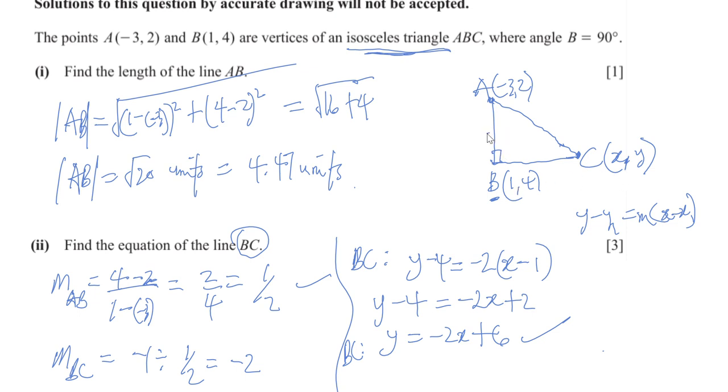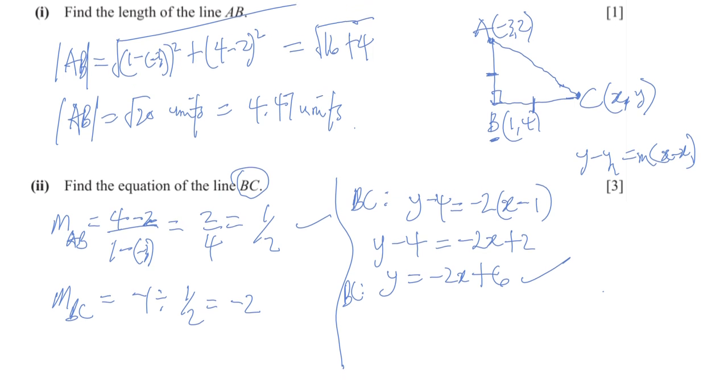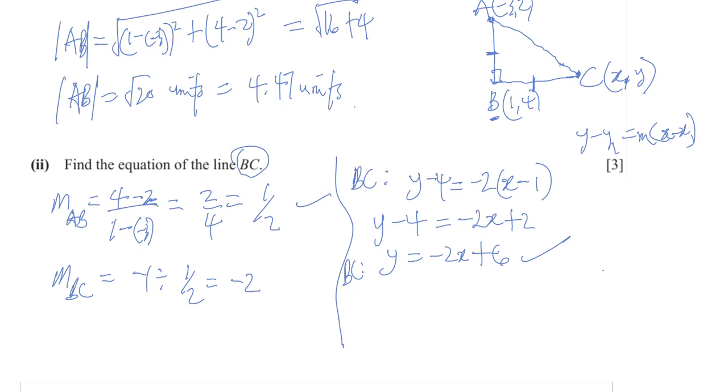That's to say that the two sides of this 90-degree triangle that are equal are lines AB and BC, the two equal lengths. So let's make use of this information to solve.